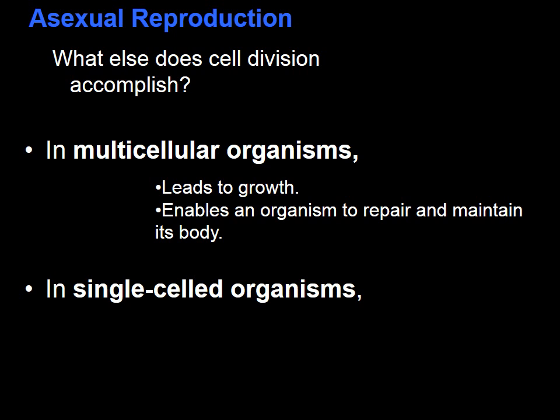And it helps the body or the organism to repair and maintain the body. So if cells get destroyed, say like skin cells die, it's helping the skin to repair and maintain. Now, in single-celled organisms, remember the amoeba we looked at, or bacteria, this is how they actually reproduce.